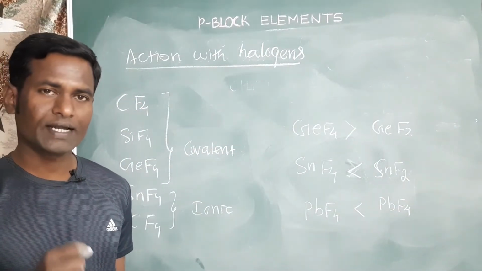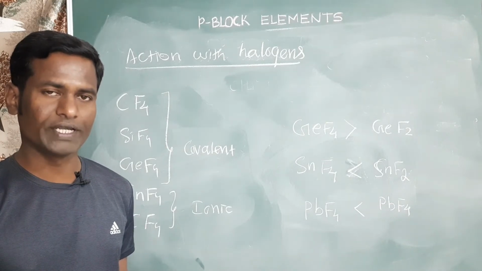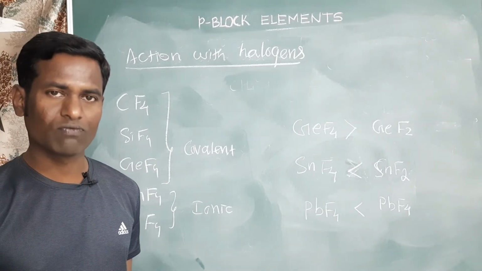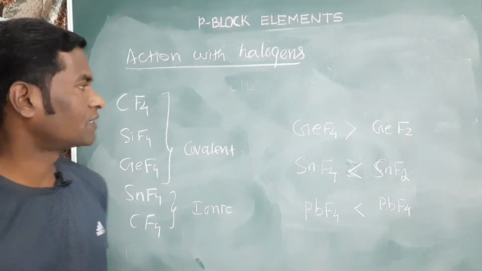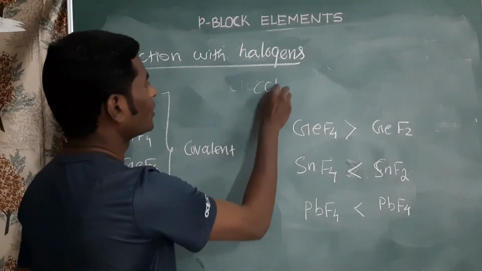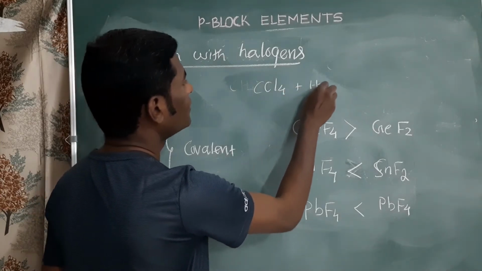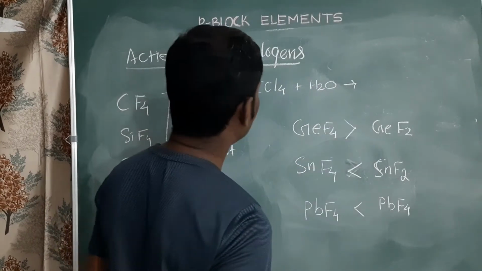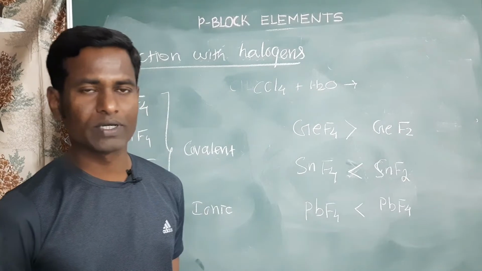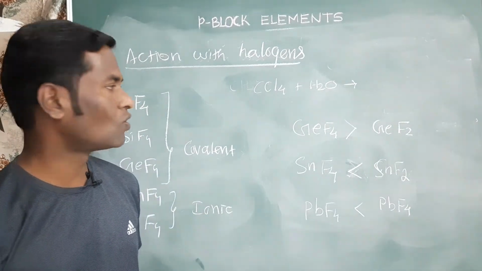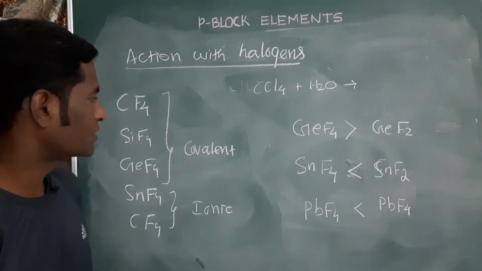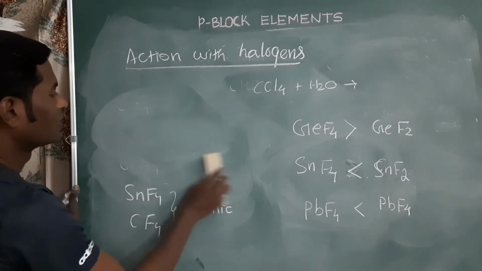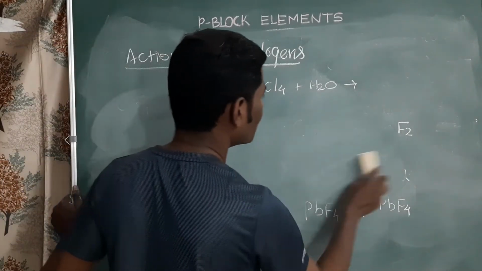Generally, tetrahalides of group 14 are hydrolyzed by water to produce coordination compounds, but carbon tetrachloride does not undergo hydrolysis because it is an electron precise compound. It does not accept a lone pair of electrons from water, but other halides are involved in hydrolysis to form coordination compounds.